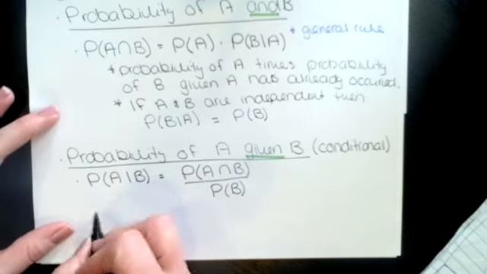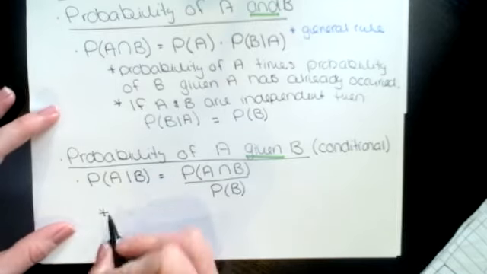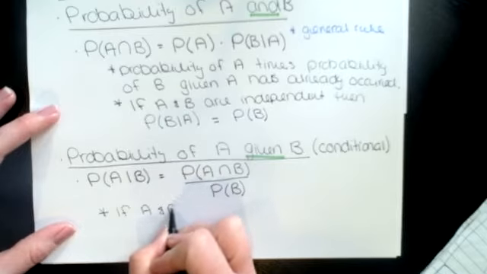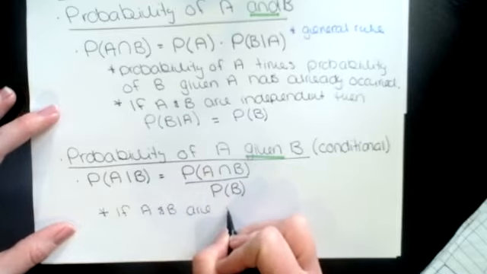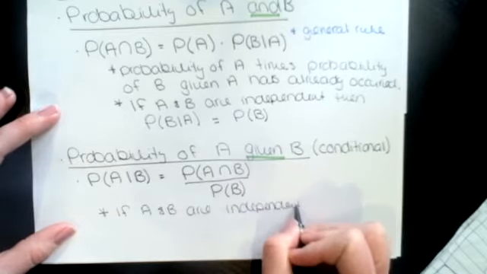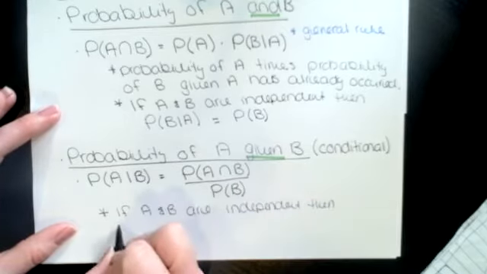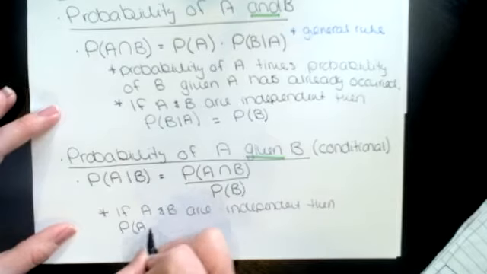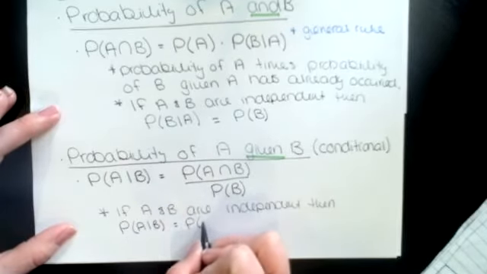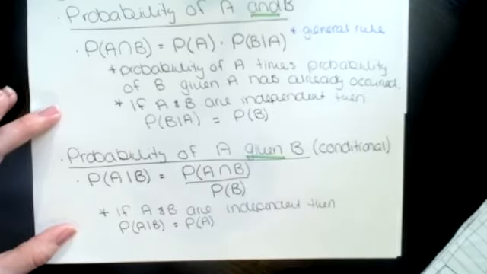So I'm going to make another note about independence here. If A and B are independent, then the probability of A given B is just equal to the probability of A. Think about what I'm saying here.